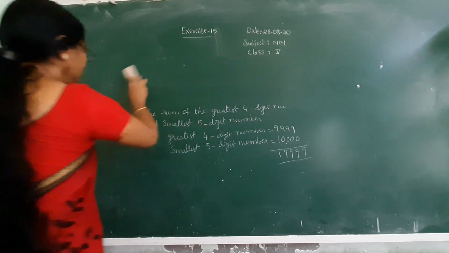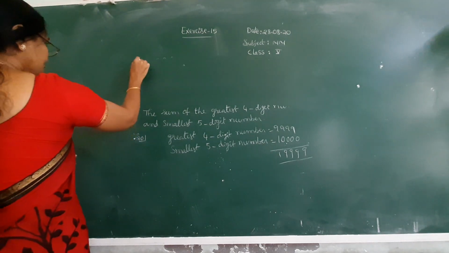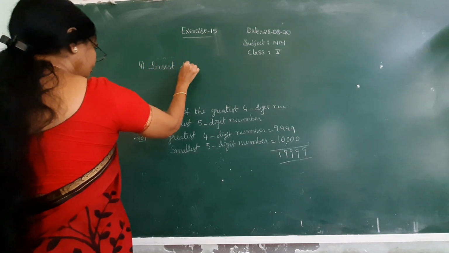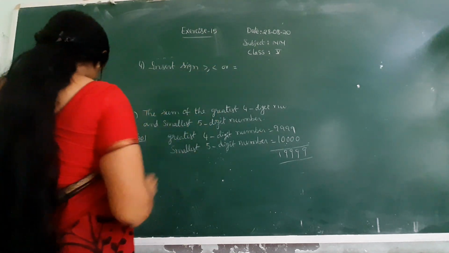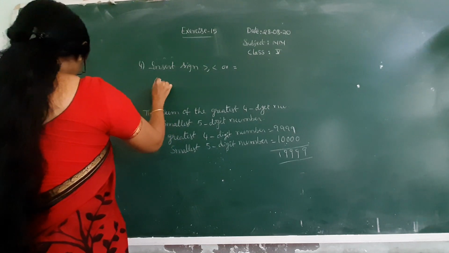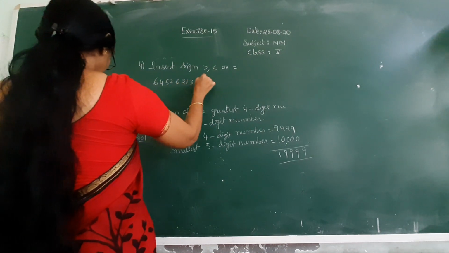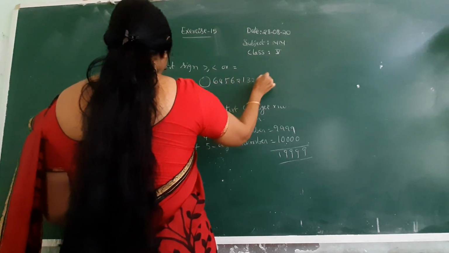Okay, see the next problem. Fourth problem. Insert signs. Insert sign greater than, less than or equal. 6452 6213 and 6456 2132.